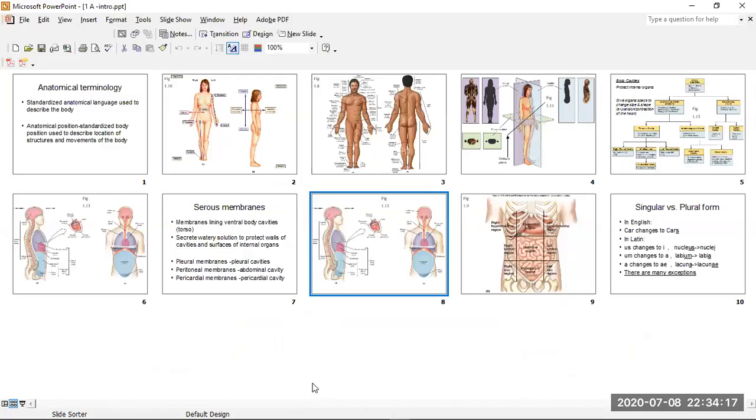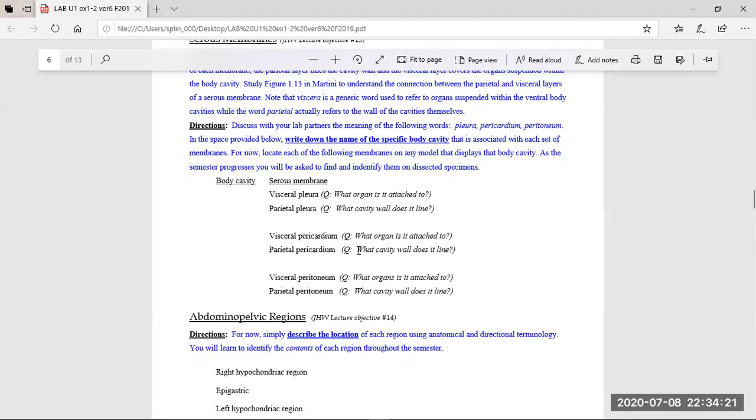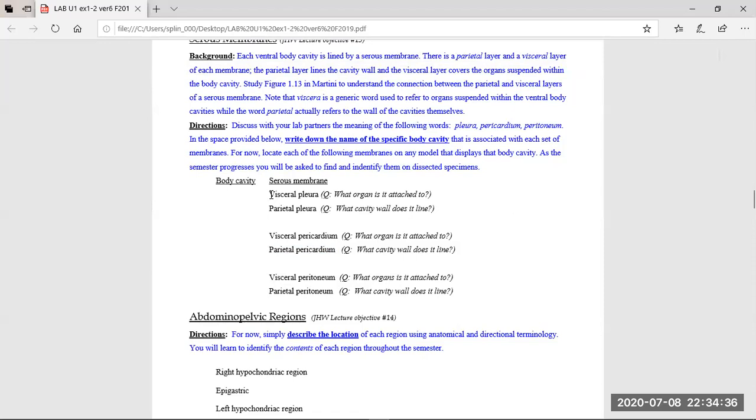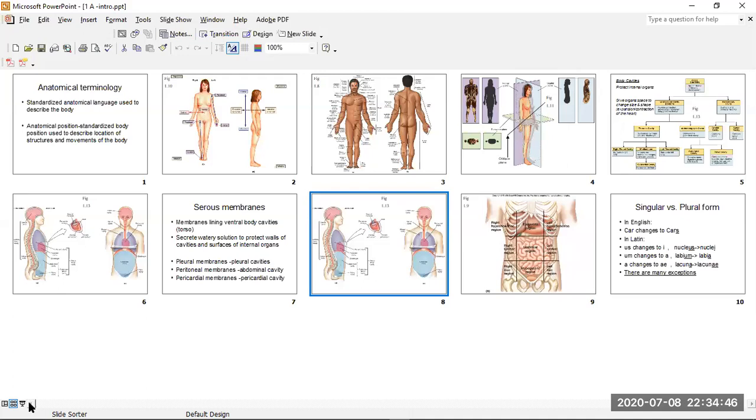So with this in mind, we could go back to here. What cavity wall does this line? Well, we just saw it lines the wall of the pericardial cavity, the membrane known as parietal pericardium. So we could apply this same concept here to the pleura, and the pleural cavities. Well, this is the location of the lung.